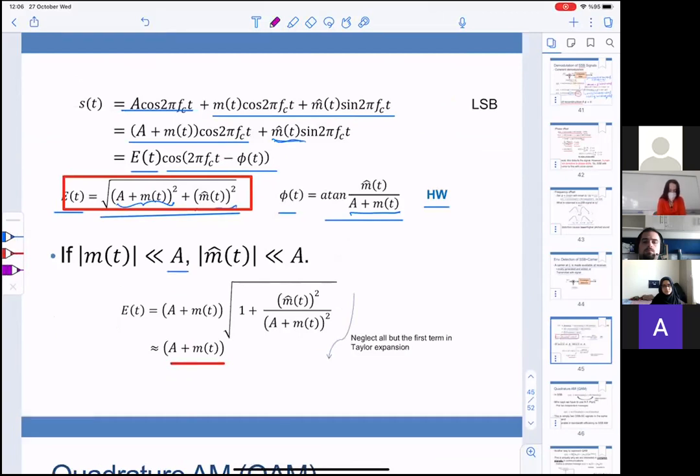We achieved that the envelope is almost equal to the message signal m of t plus a constant. So we have detected the message. That would be a cheap and inefficient way of detecting SSB. All right, any questions?